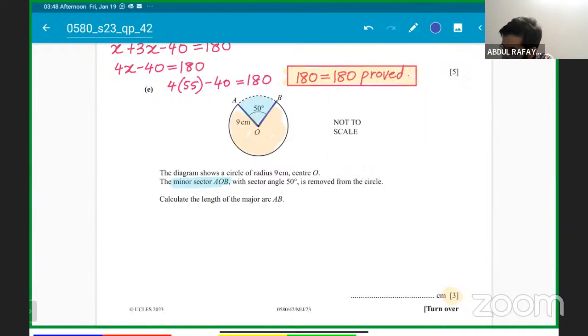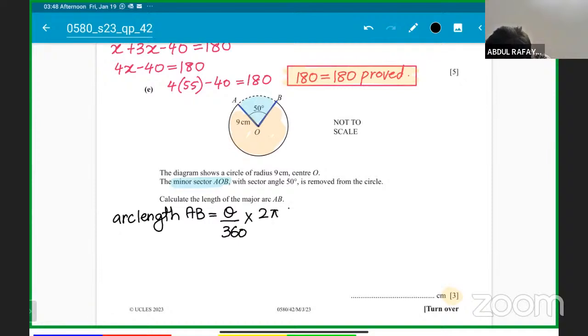First thing should be clear: what is the formula for the arc length of AB? It is theta over 360 times 2 pi r, where r stands for radius. So what will be the angle, students?